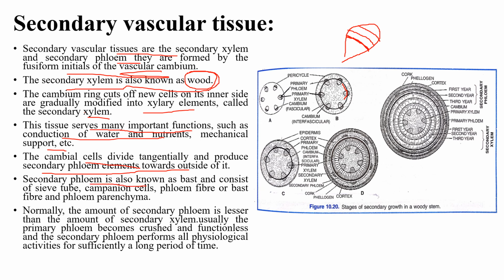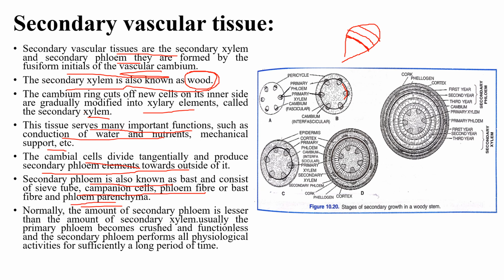Secondary phloem is also known as bast and consists of sieve tube, companion cell, phloem fiber or bast fiber, and phloem parenchyma. So these are the four components of phloem. One is sieve tube, one is companion cell, which is always associated with sieve tubes, one is phloem fiber, and the last one is phloem parenchyma.